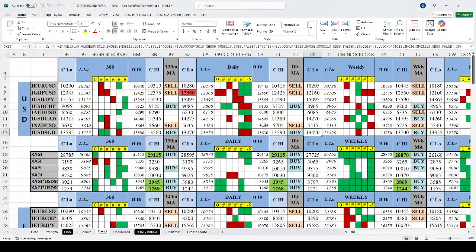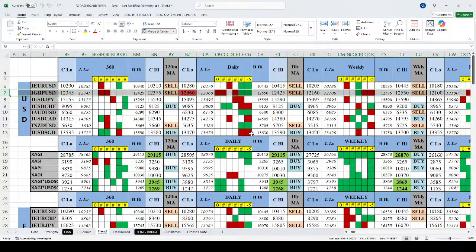The next currency we are looking at is pound. Pound shows on the hourly flat with the downside view, and daily is already in a downtrend, and weekly is flat with the downside view. The range we are looking for is between 123.45 and 123.75, that is the 360 level.